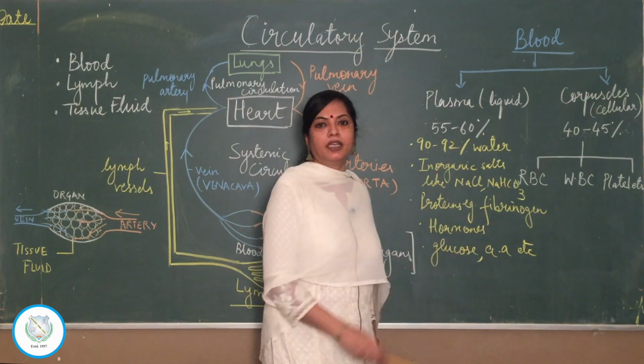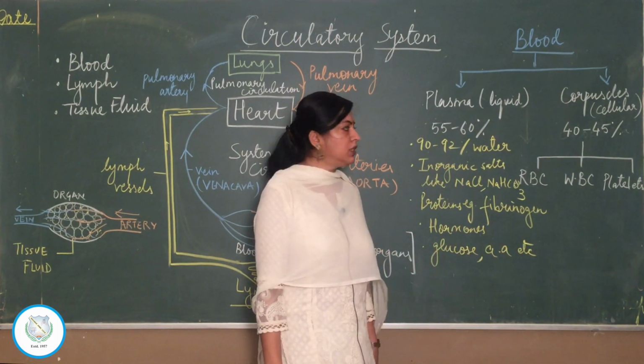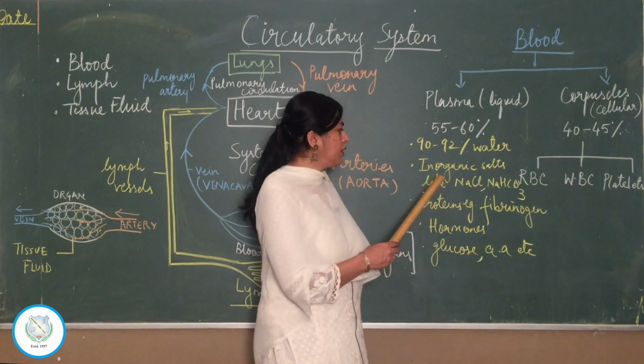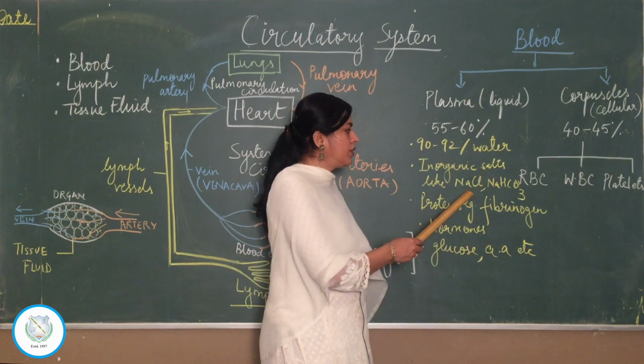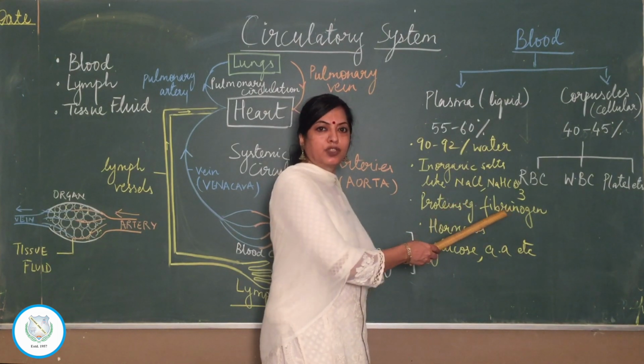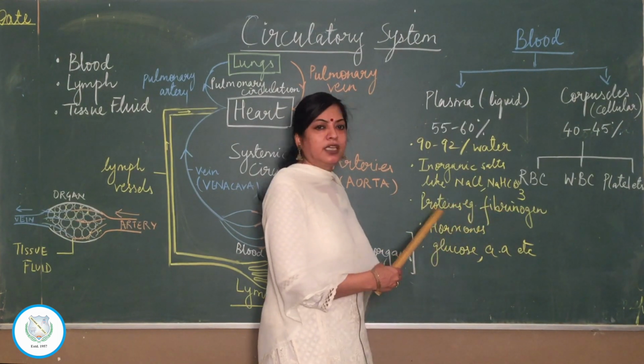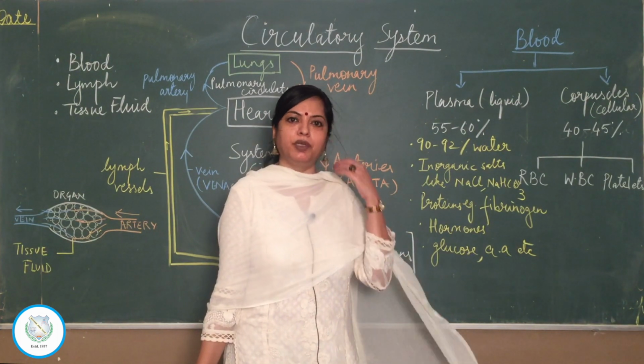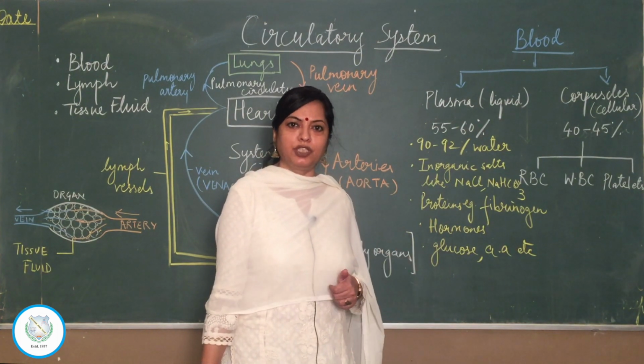Plasma has mainly water. 90 to 92% of plasma is water. What else does it have along with water? It has some inorganic salts like sodium chloride and sodium bicarbonate. It has lots of proteins, and one principal protein about which we will be talking is fibrinogen.